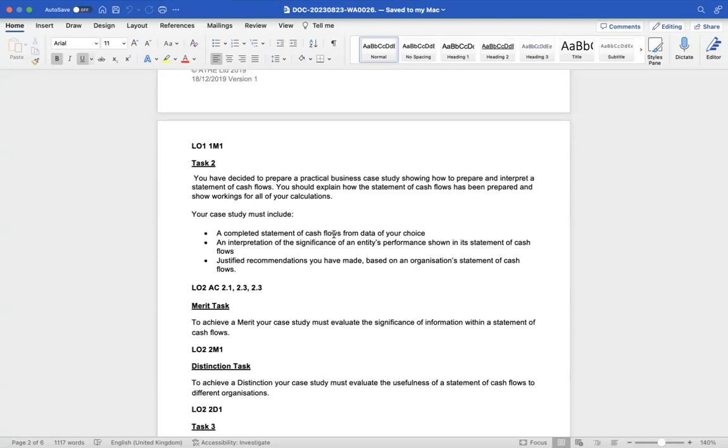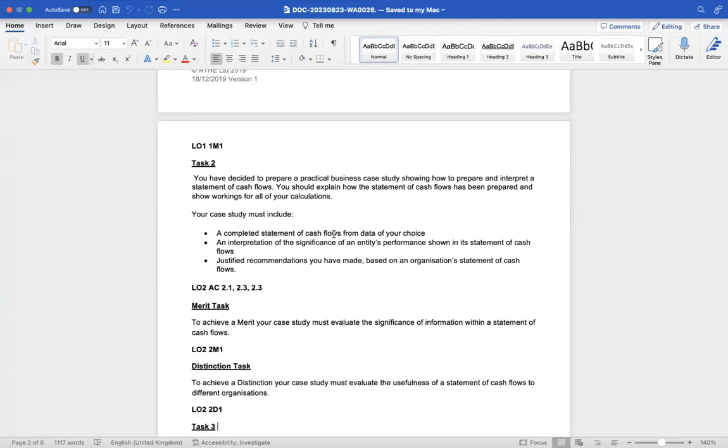This case study will include a completed statement of cash flow, an interpretation of its significance, and justified recommendations based on organizational financial data. First of all, choose a scenario or hypothetical business for your case study. This could be a company you're familiar with or a fictional one.